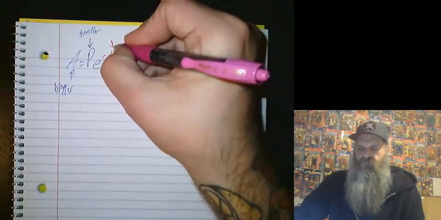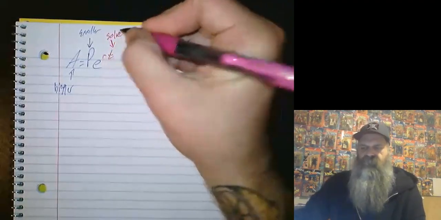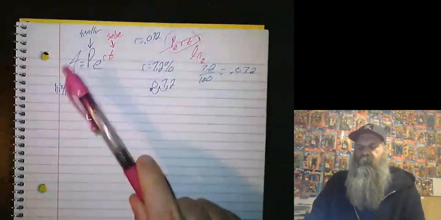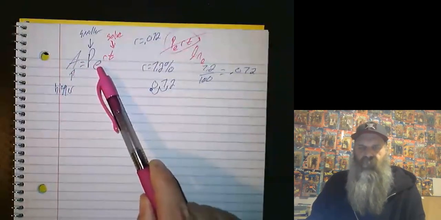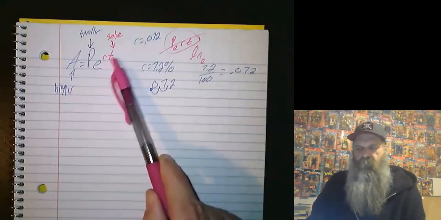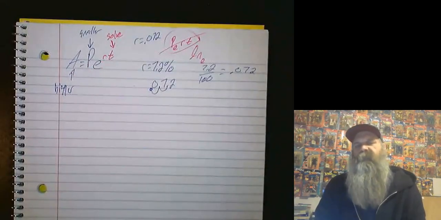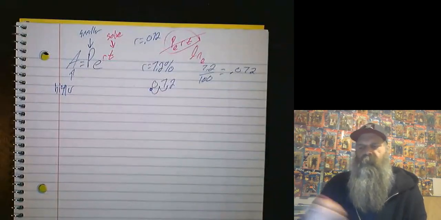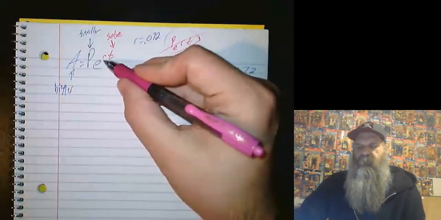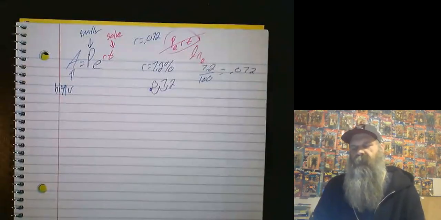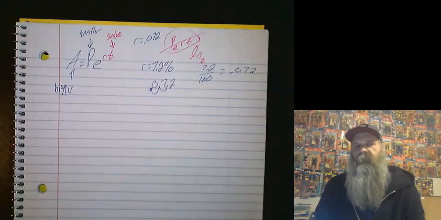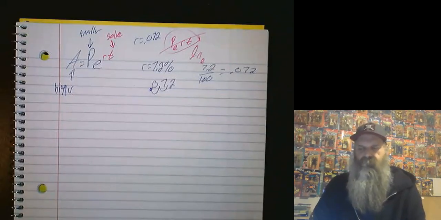T is the variable that we are solving for. So we know A, we know P, E is just a value, and we know R. The one thing we don't know is T, and T is trapped in the exponent. Again, R and T are the exponent on just E. So we have to take the log of both sides.